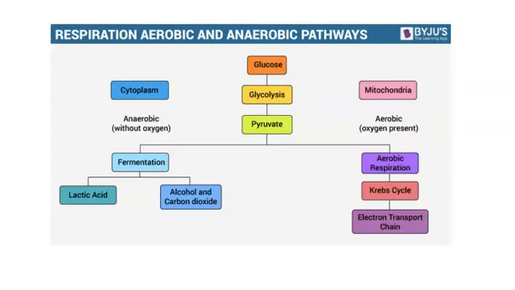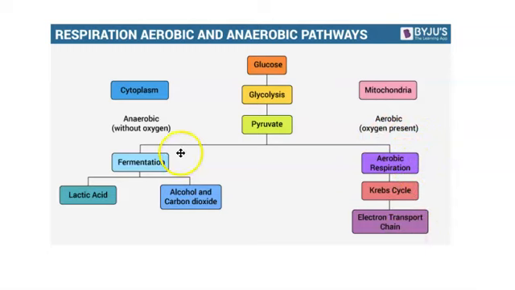So there's two types of respiration. There's aerobic respiration, which we're mainly going to focus on, which will take glucose and phosphorylate it in glycolysis. Then we're going to form pyruvate and move it over to the mitochondria, where we'll use it. Aerobic respiration is with oxygen, so it will go through the Krebs cycle and then the electron transport chain.